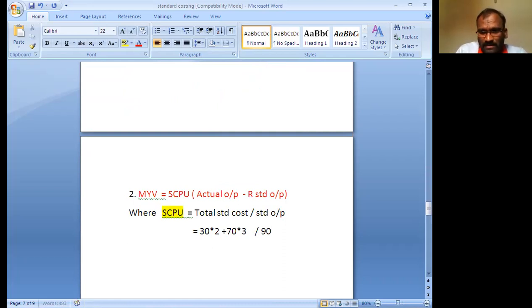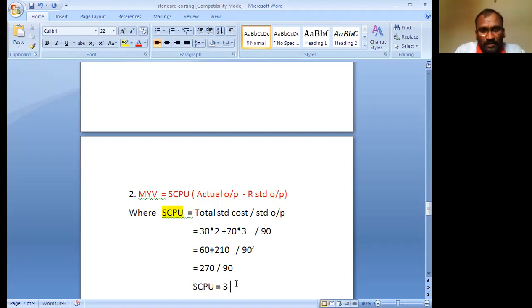Now you are getting 60 plus 210 divided by 90. Next, 60 plus 210 is 270. 270 divided by 90, now you are getting the value 3 rupees. 3 is the standard cost per unit.